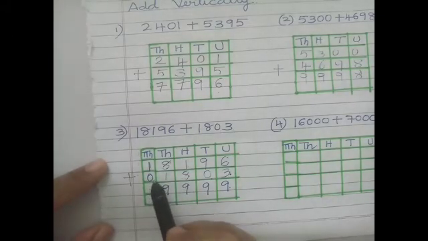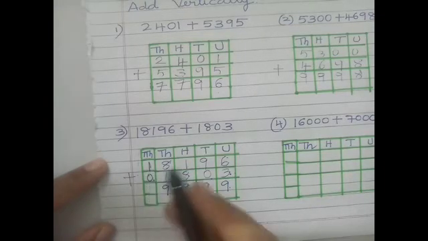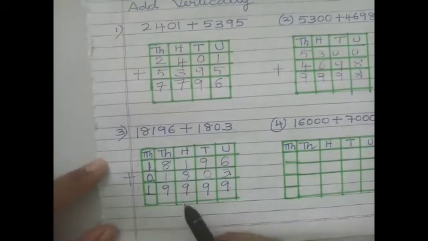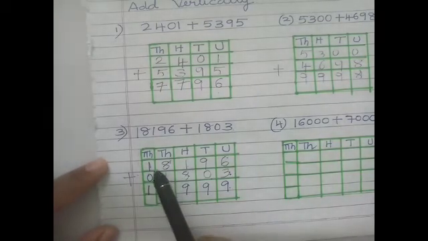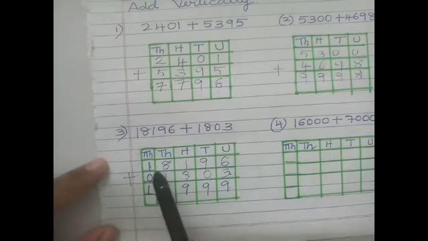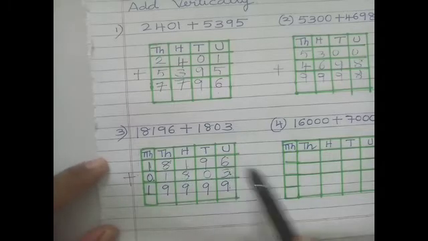So if you put 0 here, there will be no confusion. So 1 plus 0 is 1. This is how we are adding the numbers when one number is of 5 digits and the other is of 4 digits. So you have to be very careful while writing the numbers.